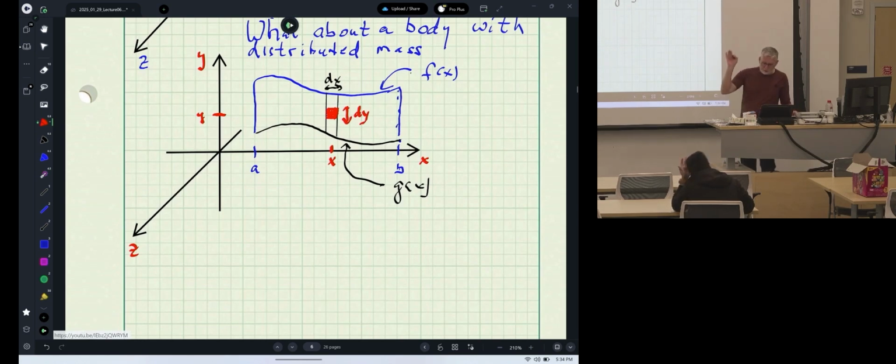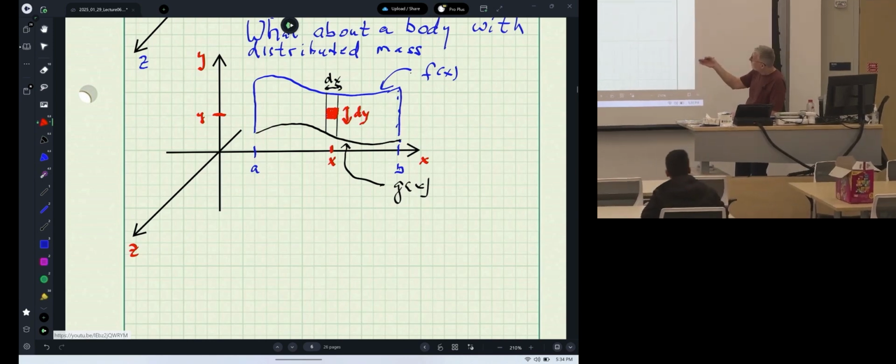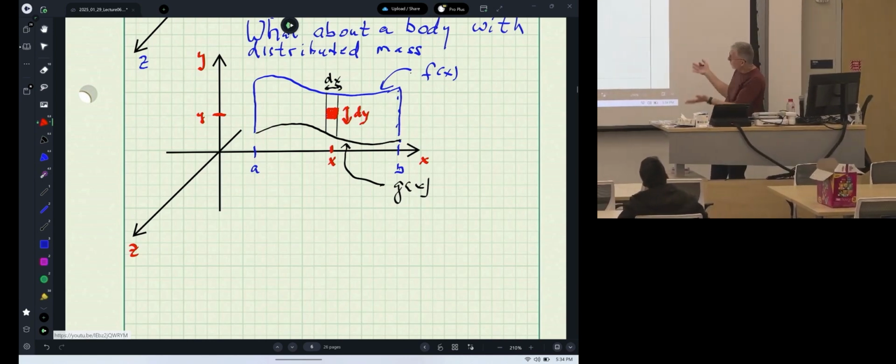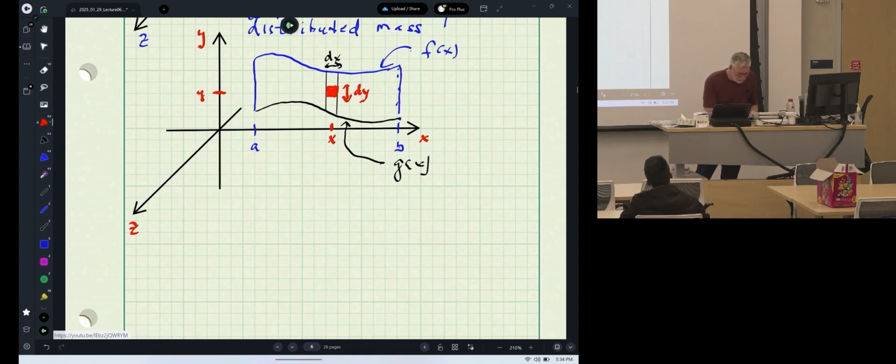So differential mass is still density times volume, and the volume is going to be the thickness h times dx and dy.